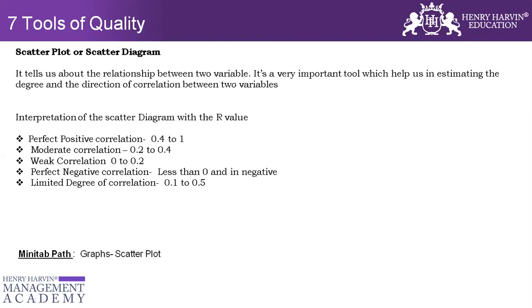We would either call it positive or negative. Rather, we should not have a limited degree of correlation. I would remove that from the list. It should be either perfect positive or moderate. Anything lesser than 0.2 is a weak correlation. So I would make that change.